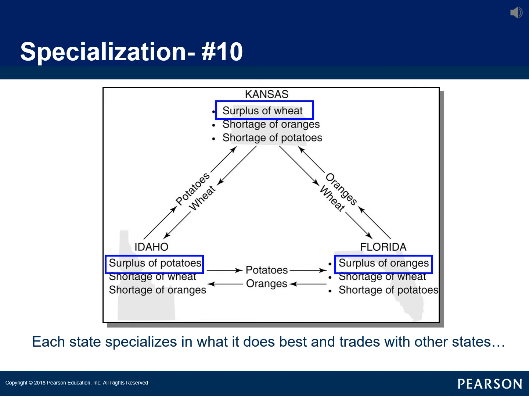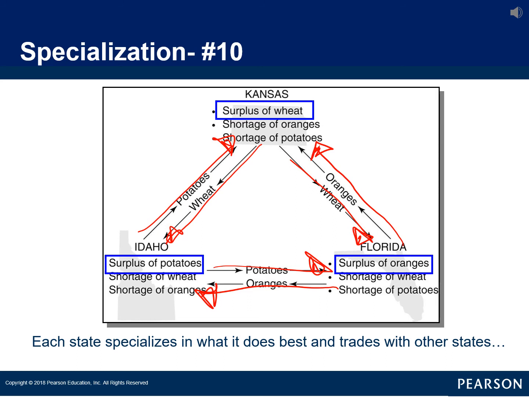So here we have Kansas with lots of wheat, and they are getting oranges from Florida. They're giving wheat to Florida. They're giving wheat to Idaho, and they're getting potatoes from Idaho. Okay. And then similarly, Florida is giving oranges to Idaho, and they're getting potatoes from Idaho.